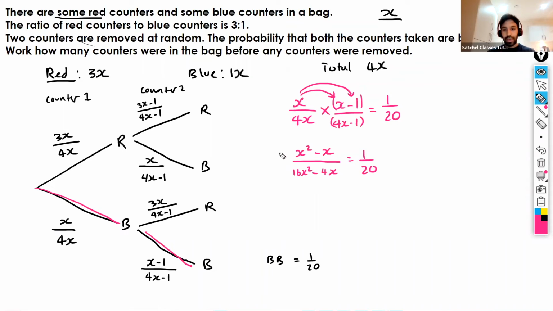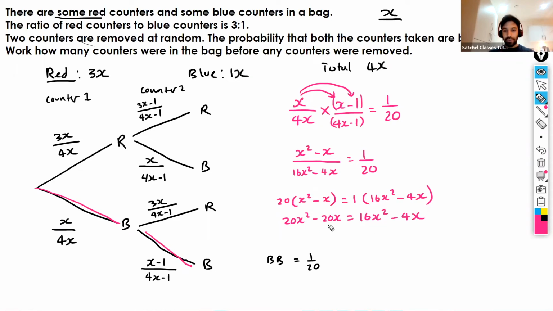So multiply both sides by 20 and both sides by 16x squared minus 4x. What I'll end up with is 20 multiplied by x squared minus x is equal to 1 multiplied by 16x squared minus 4x. If I expand the bracket, I get 20x squared minus 20x is equal to 16x squared minus 4x.